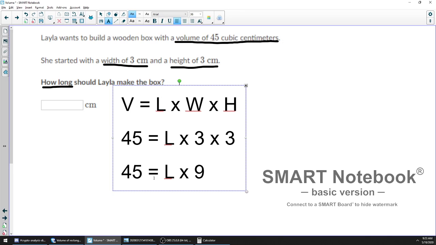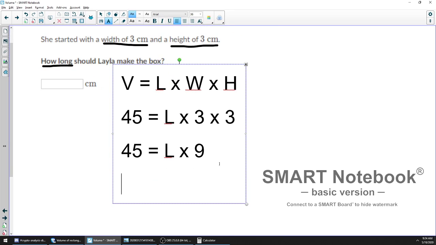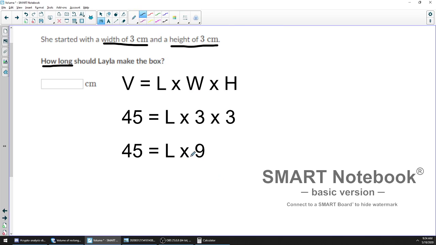So we have to get the L by itself. In order to do that, I'm going to do what? I'm going to get rid of this times 9 by doing the opposite. So I'm going to divide by 9. And whatever I do to one side, I have to do the other.